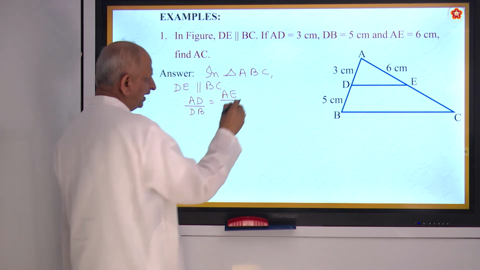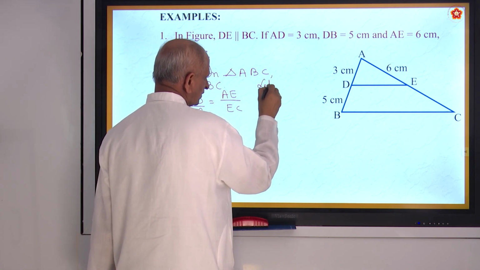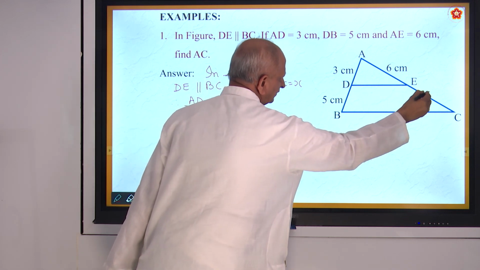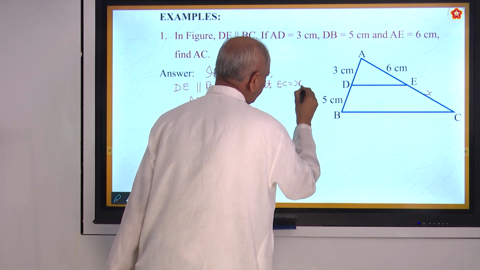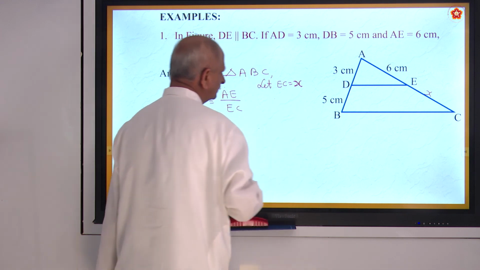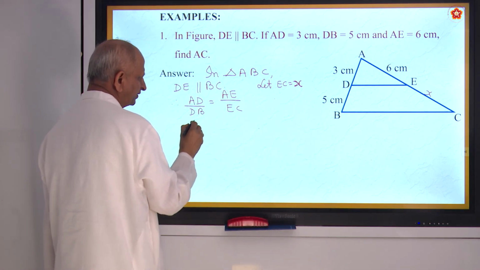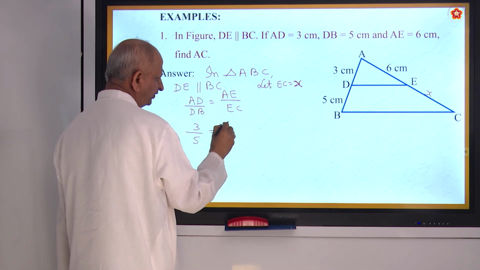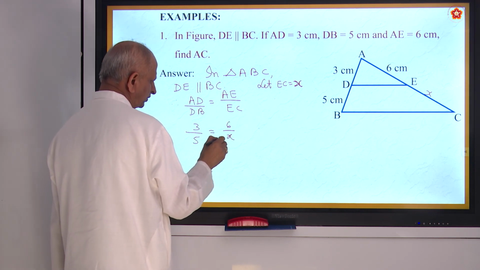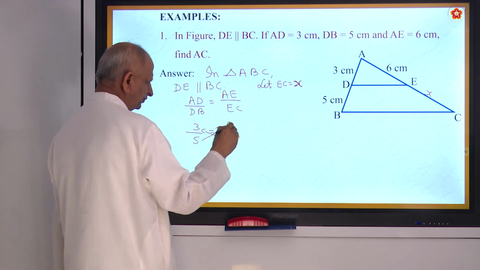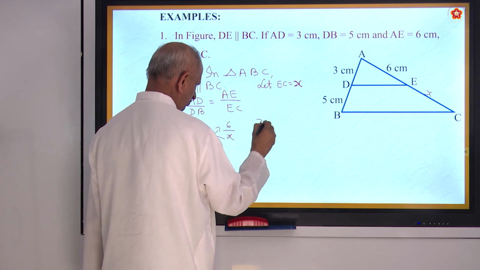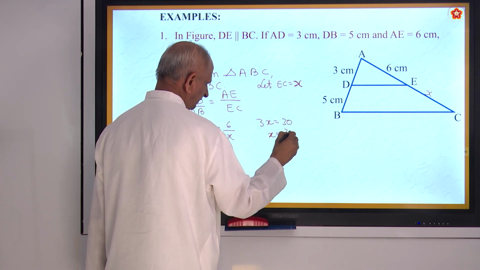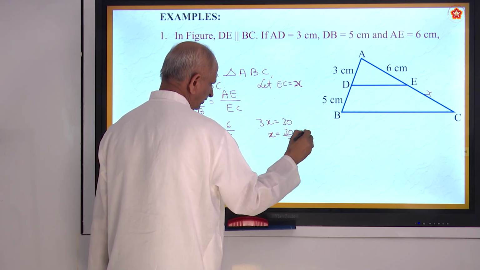Let EC be X. First you find out X. So AD how much? 3. DB 5 is equal to AE 6 by X. Cross multiply. 3X is equal to 30. X is equal to 30 by 3, that is 10 centimeters.